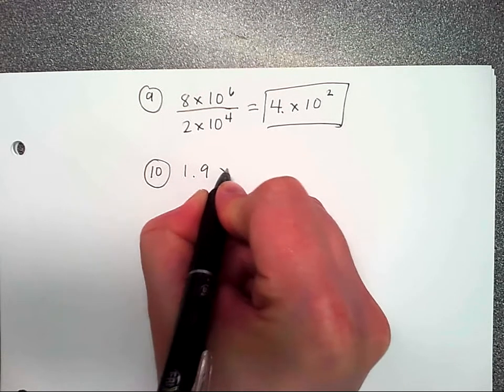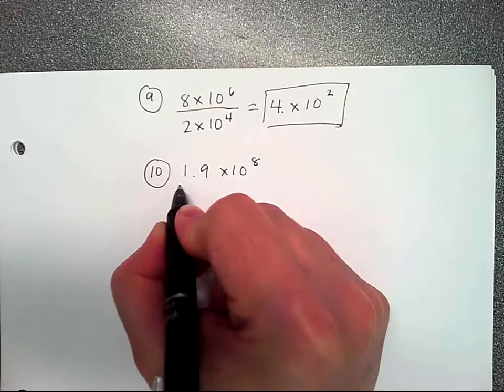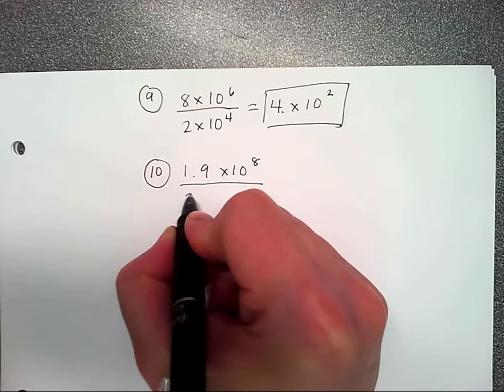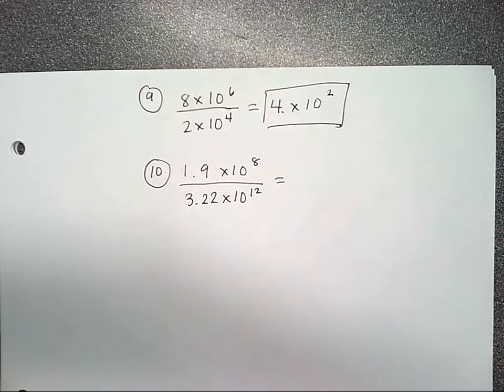Okay, let's do 1.9 times 10 to the 8th over 3.22 times 10 to the 12th. Well, I'm going to divide my numbers. 1.9 divided by 3.22 is what?